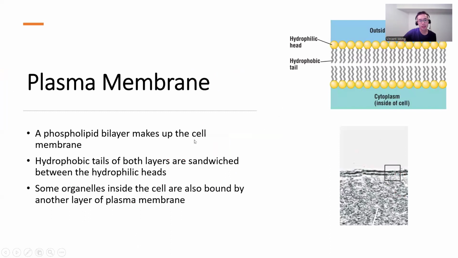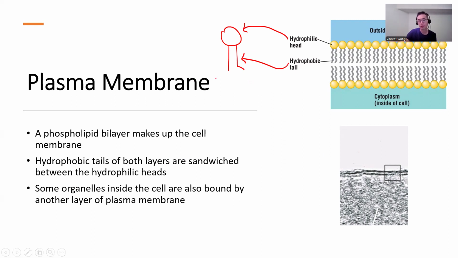So the phospholipid bilayer makes up the cell membrane. We know that already. And just to recall, the phospholipid actually has two parts, right? There is a hydrophilic head, which is made up of the phosphate group, and then there are the hydrophobic tails, which are made up of the fatty acids.